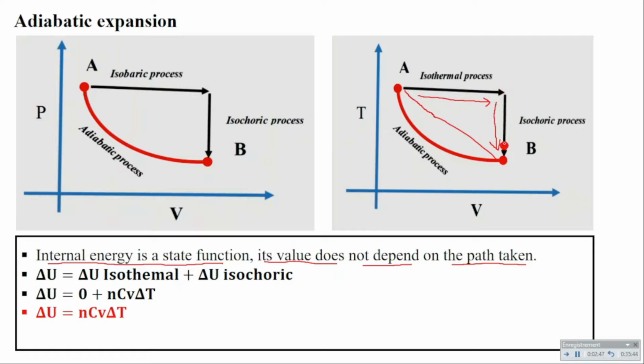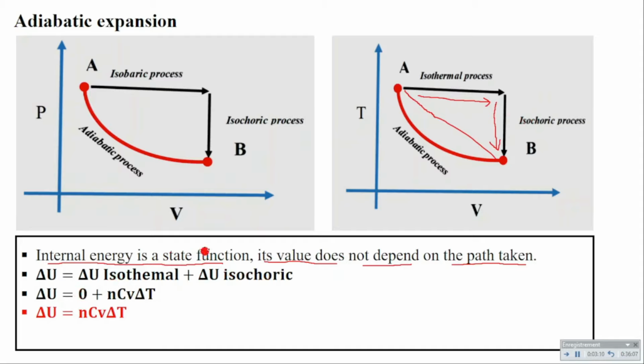From this point to here, we have an isochoric process. We have a constant volume. So I have seen that internal energy at constant volume is equal to nCvdT. So then we can say that internal energy is equal to internal energy from the isothermal process plus internal energy from the isochoric process.